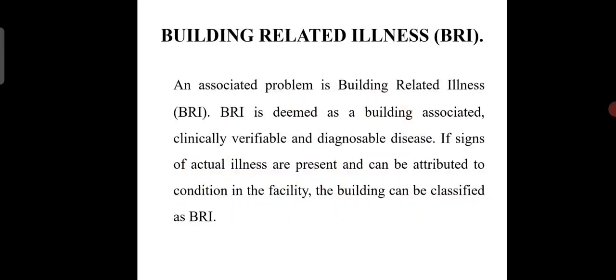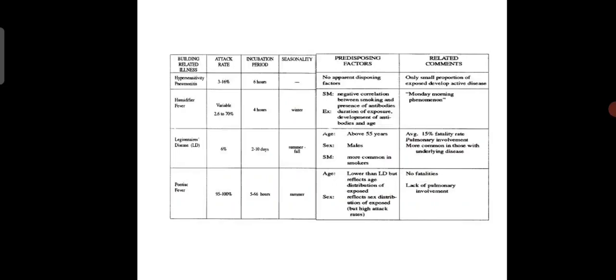If an occupant lives for a prolonged period in a house with poor indoor air quality, that is, in a sick building, then that leads to building related illness, which can be diagnosed easily inside a clinic by a doctor. If signs of acute illness are present and can be attributed to conditions in the facility, the building can be classified as building related illness.